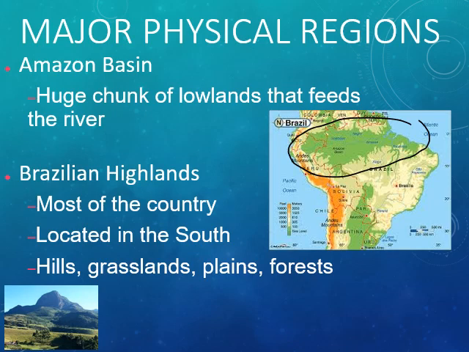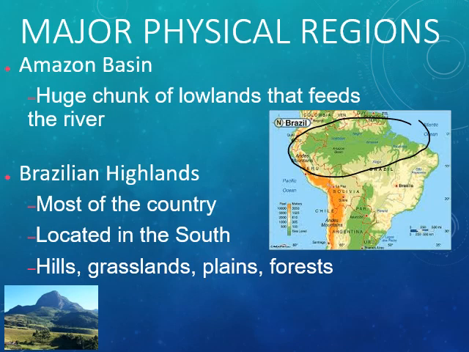So every bit of rain, every bit of everything coming from the sky goes down onto the ground and funnels its way into the Amazon River. And that's why there's 58 billion gallons of water per second being pumped into the ocean from this area, all because of that basin.